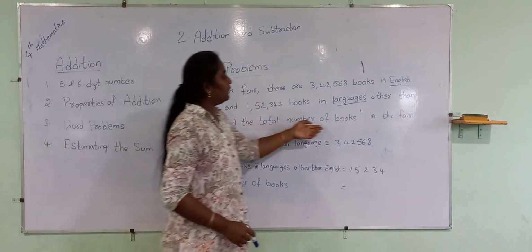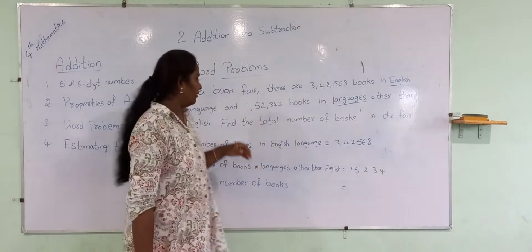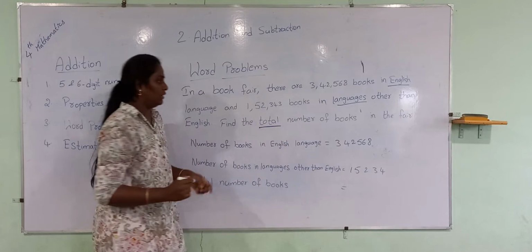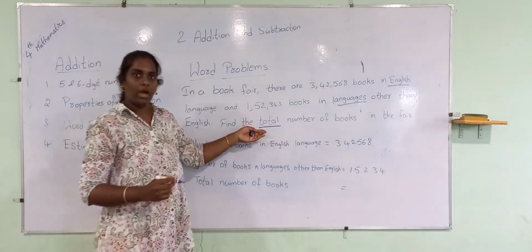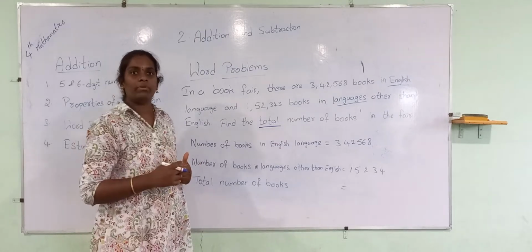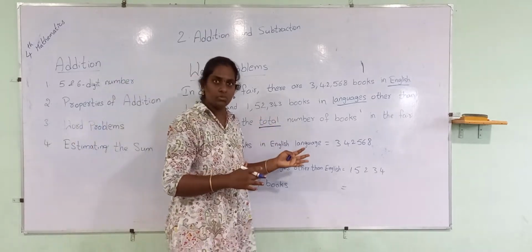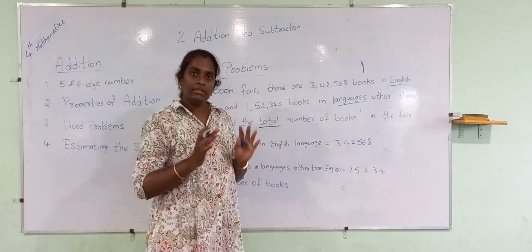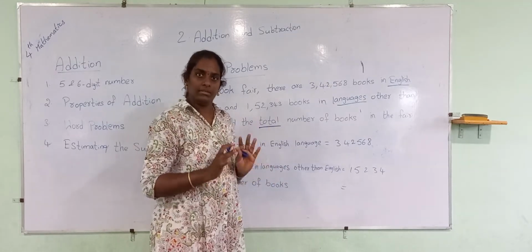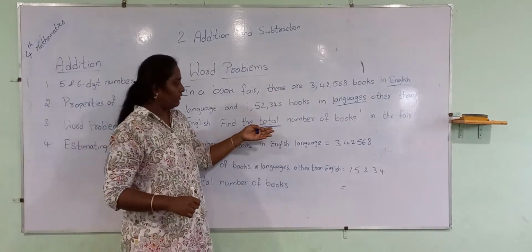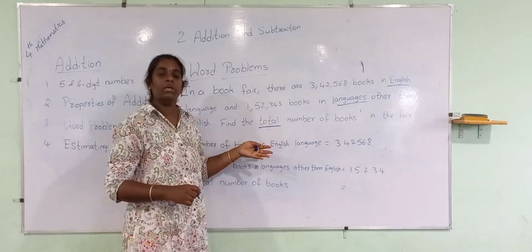What did they ask? Find the total number of books in the fair. Total means we have to combine all the books. They don't want English books, science books, chemistry books or story books. They want the total number of books. So if we want to find the total number of books, what do we have to do?